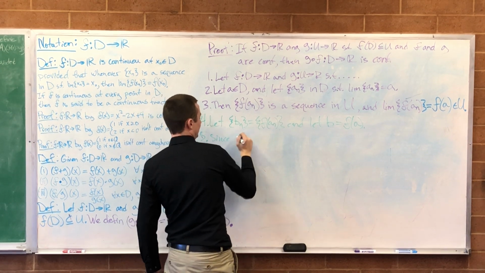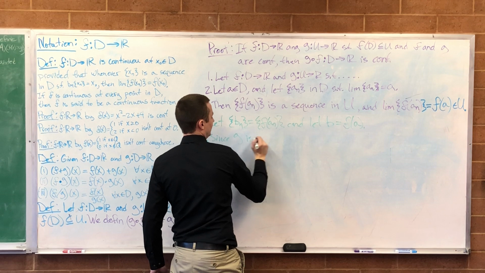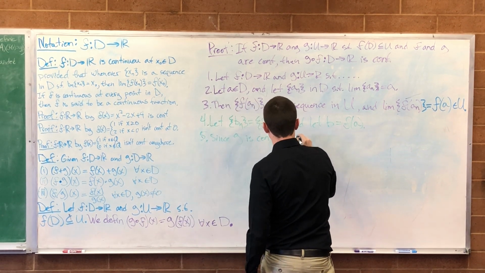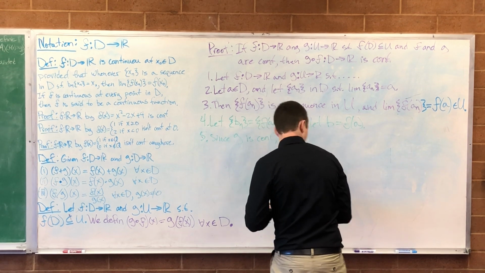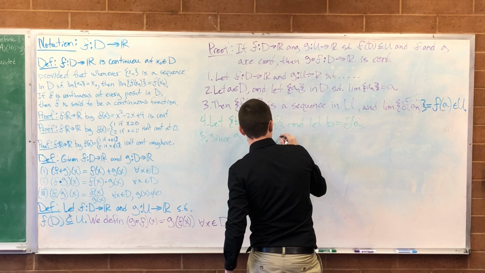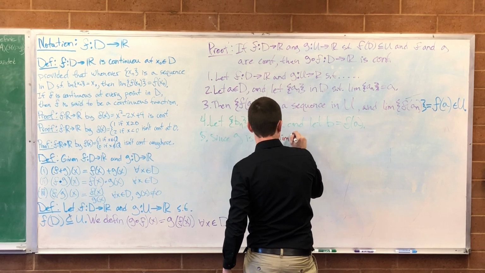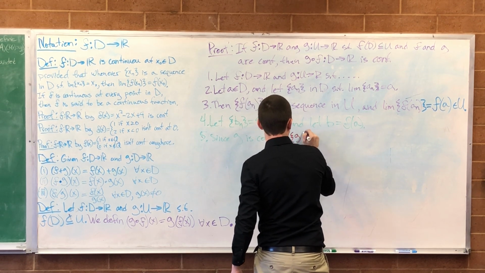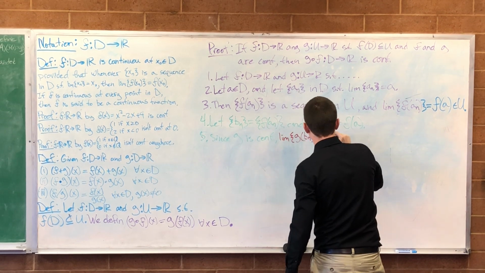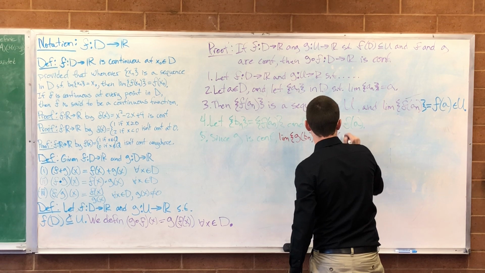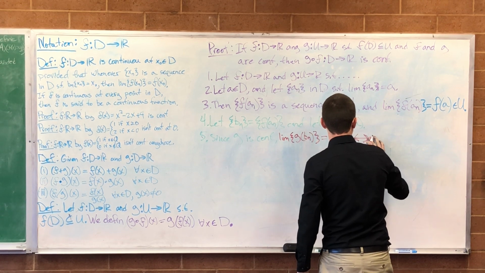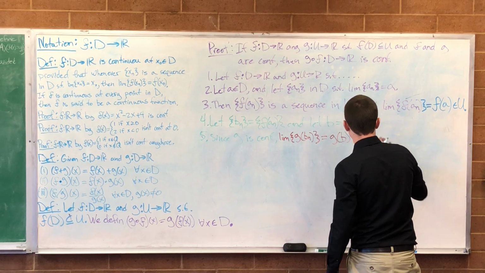Since G is continuous, then the limit of G of Bn is equal to G of B. So that's logically equivalent to, well, I'll just do implies.